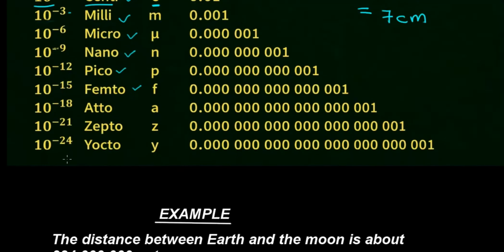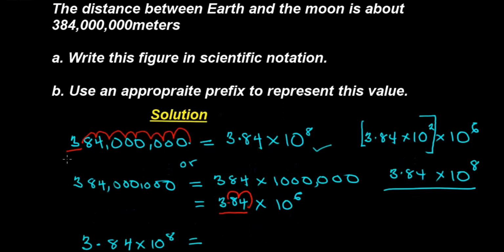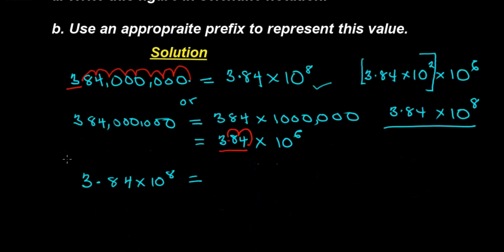So anytime you are given a question such as this, what you need to do is split this power such that you can get a value that has a prefix. Now 10 power 8 does not have a prefix. So you are going to split this in such a way that we can get a prefix out of this.